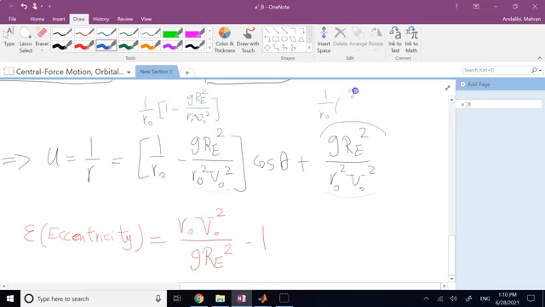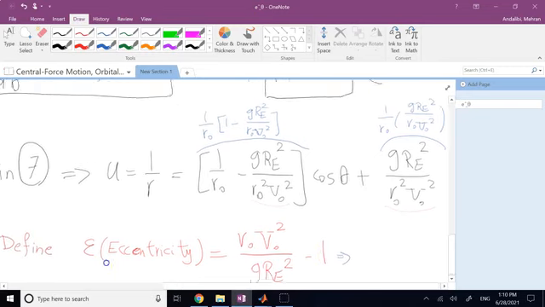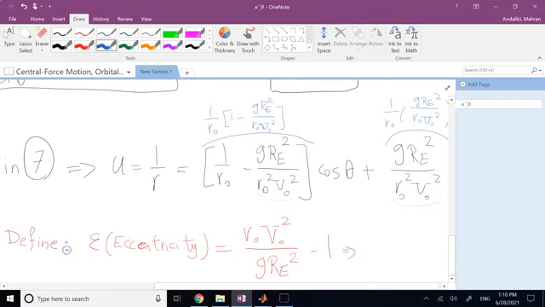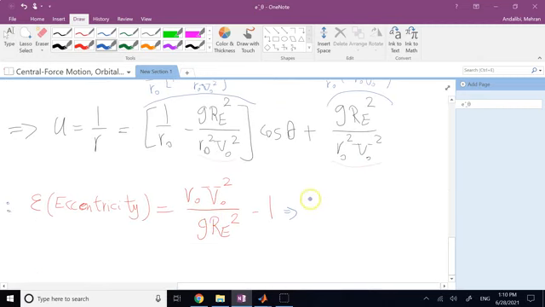And this is going to be GRE squared over R naught V naught squared. Okay, so I write them like that. Well, from here, based on this new definition that I did, this guy here that I'm interested in, R naught V naught squared over GRE squared, it is going to be 1 plus epsilon.